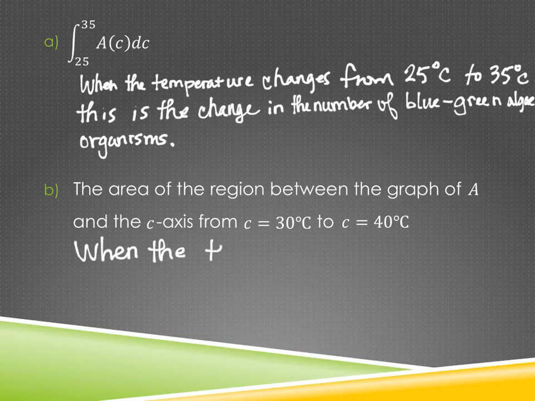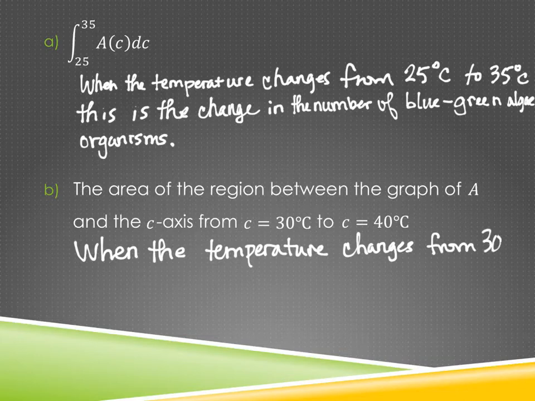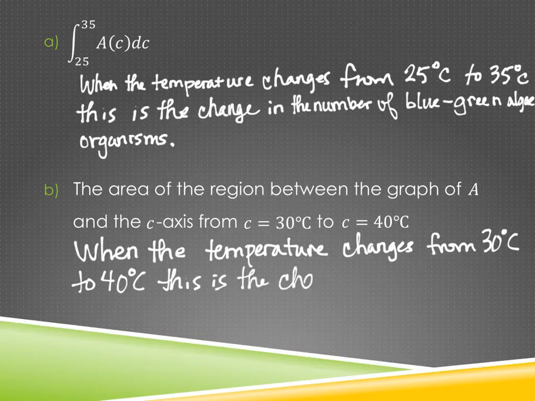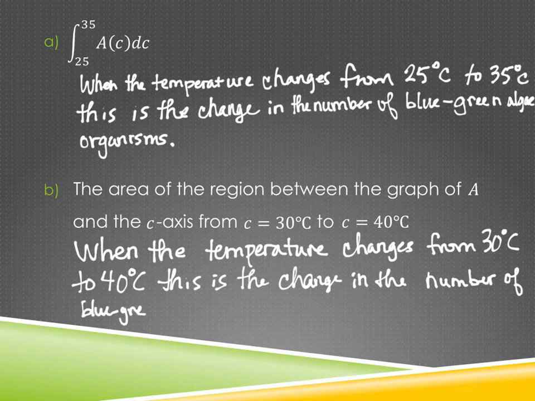So when the temperature changes from 30 degrees Celsius to 40 degrees Celsius, this is the change in the number of blue-green algae organisms.